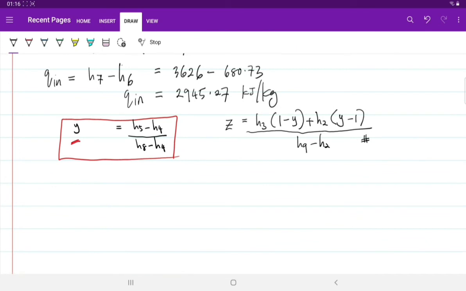Y is given by H5 minus H4 divided by H8 minus H4.